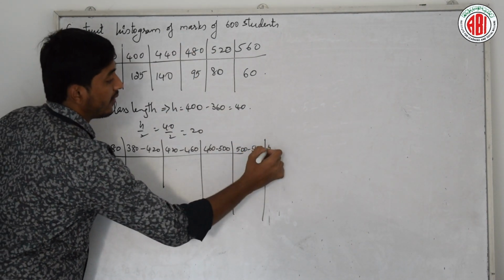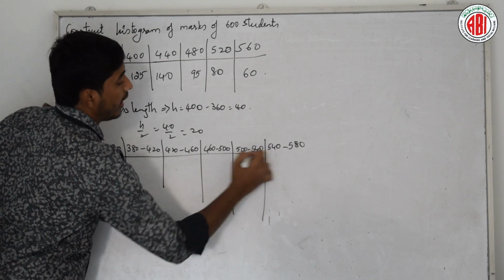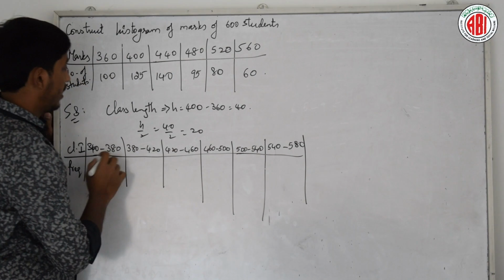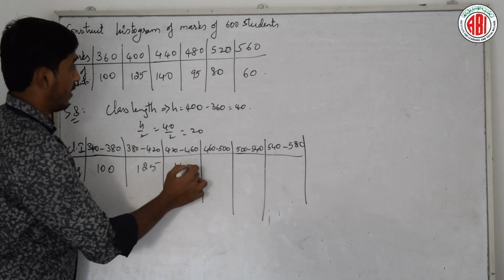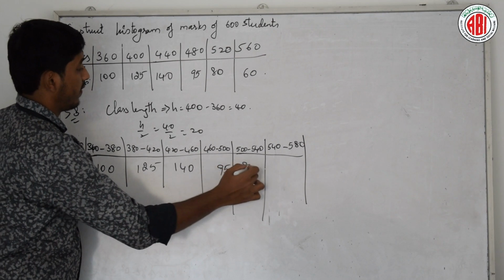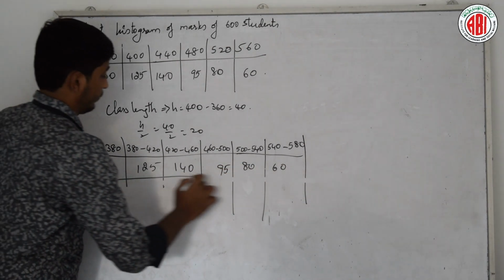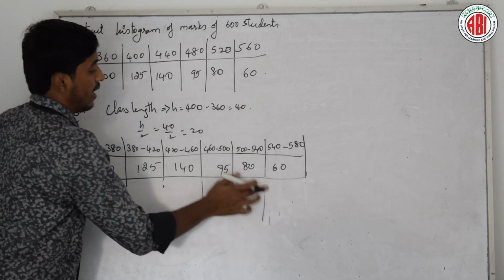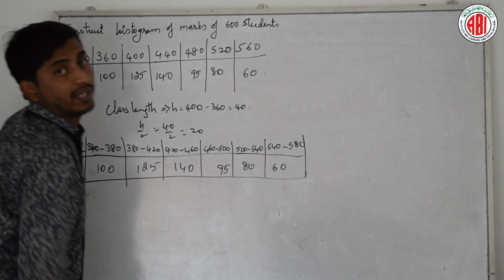Okay. And the next 540 to 580. Clear? Now tell me the frequencies: 100, 125, 140, 95, 80 and 60. Clear? This is our normal class interval table.